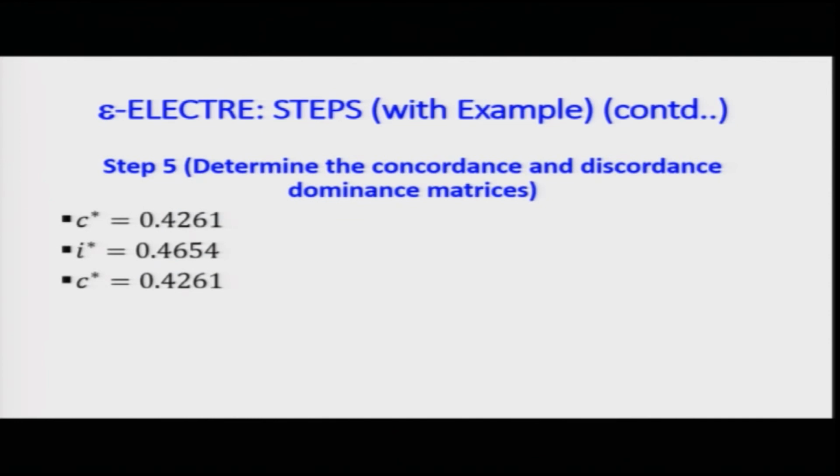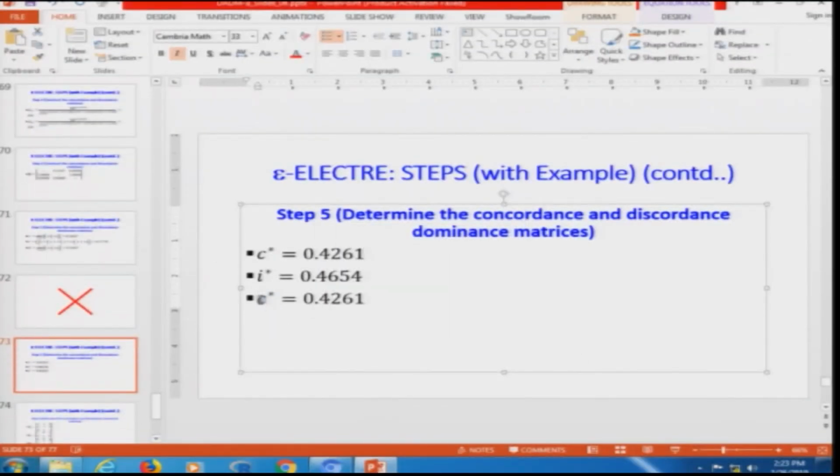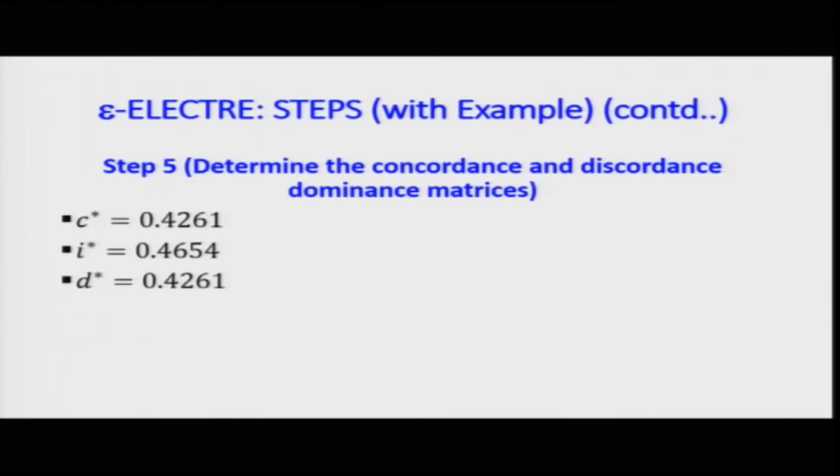So, when I go and try to find out the G capital matrix when I am taking the other decision, what is the disbenefit? Correspondingly again the values of C, I and D, concordance average values, discordance average values, indifference average values, they come out to be 0.4261, 0.4654 and 0.4261 again.